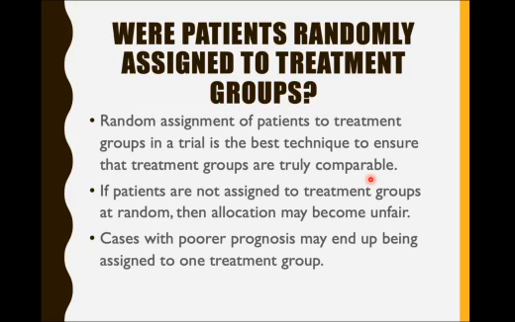The allocation of treatment to patient groups has to be randomized, meaning the giving of treatment is at random. So we call this randomization, or simply random assignment of patients to treatment groups. That's actually the best technique to ensure the treatment groups are truly comparable.